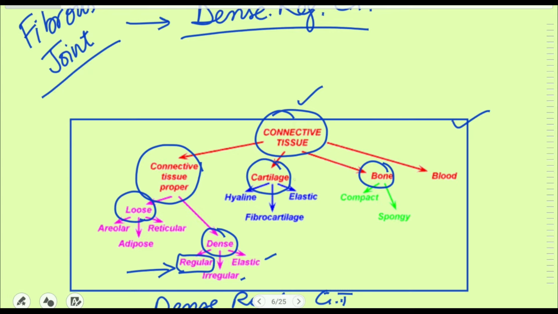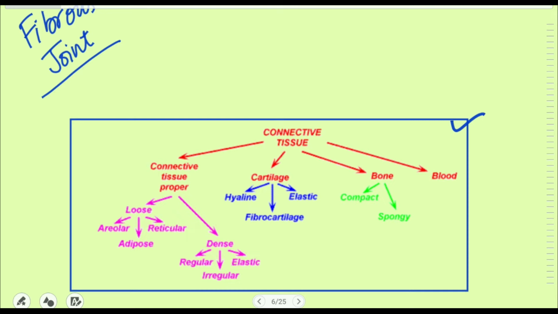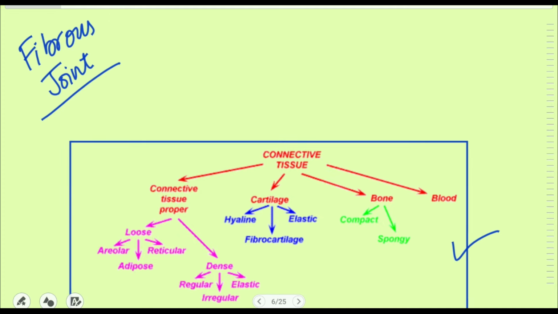You can also note that cartilage is also a connective tissue, a special connective tissue, and the cartilage has got three categories: hyaline, elastic, and fibrocartilage. Hyaline cartilage, uniting medium of the primary cartilaginous joint. Fibrocartilage, the uniting medium of the secondary cartilaginous joint. This is the reason that I have shown you this table. I want you to apply the knowledge of the histology.